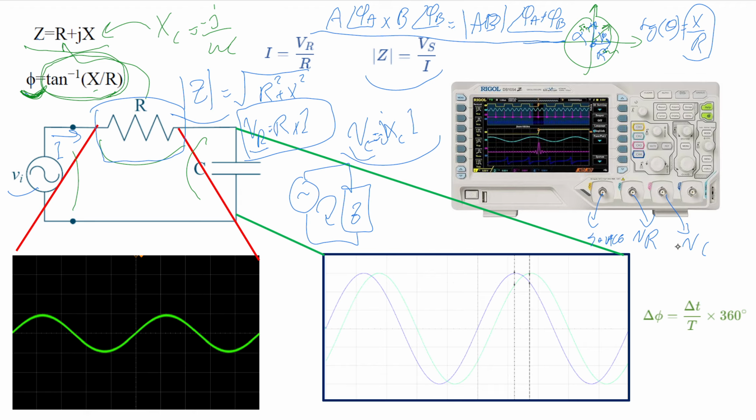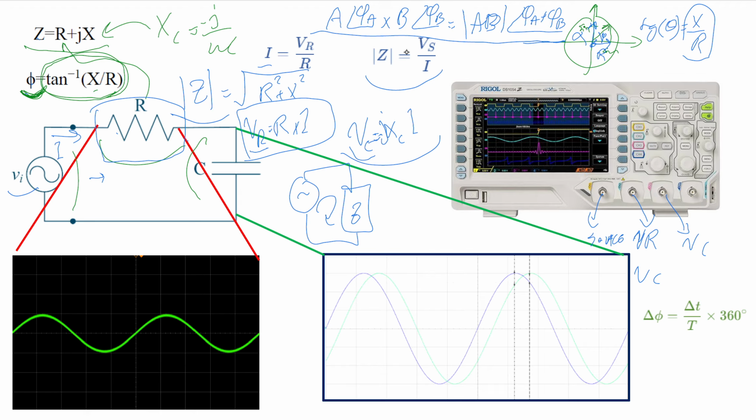You can do this with three channels, or do the VR first and then the VC. It's the same kind of scenario. When you have the V of R, the voltage across the resistor, since you have the value of the resistor, you can calculate the current. So then you have the amplitude of your current.